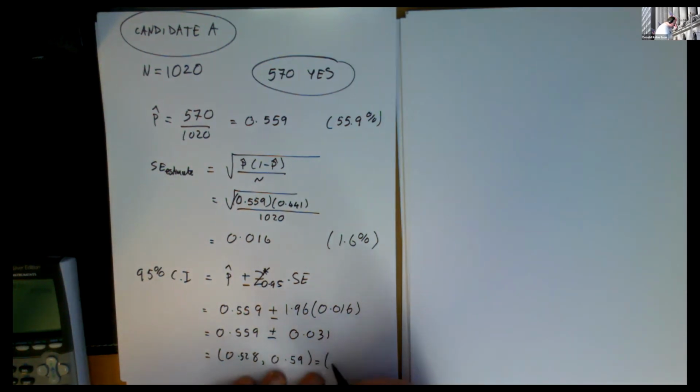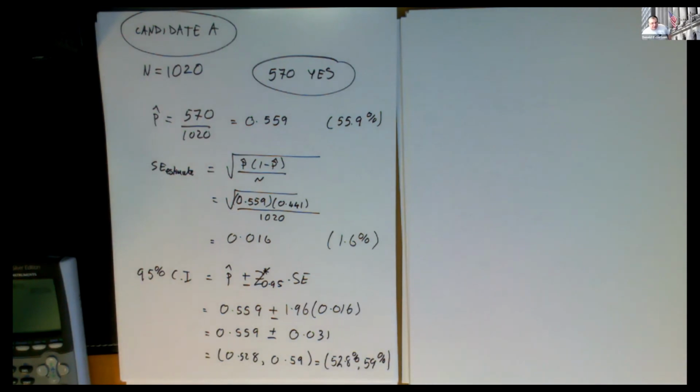In percentages, 52.8% up to 59%. So we're predicting with a 95% degree of confidence that if you asked everybody in that city, are you going to vote for candidate A? That the answer would be somewhere between, what, 52 and a bit up to 59.